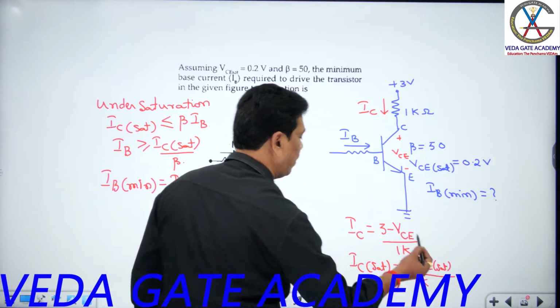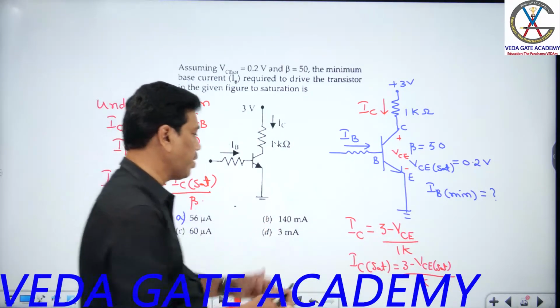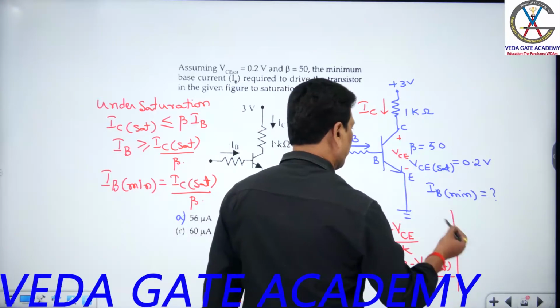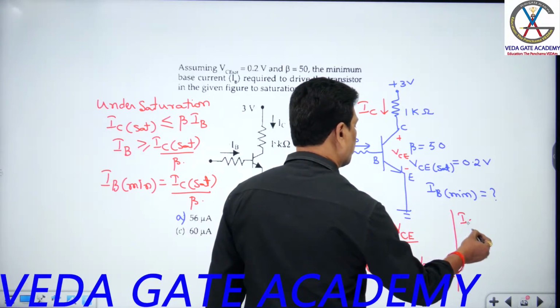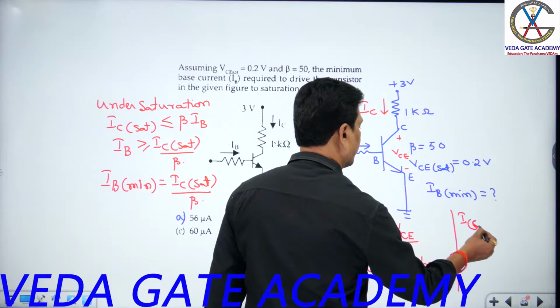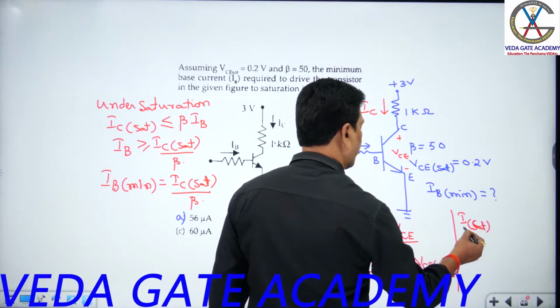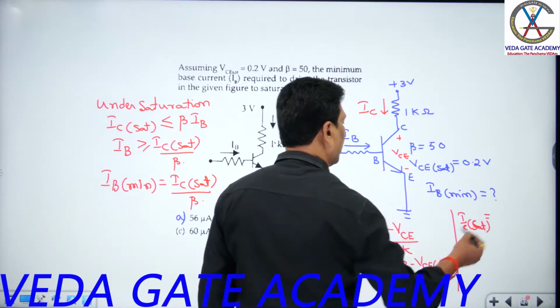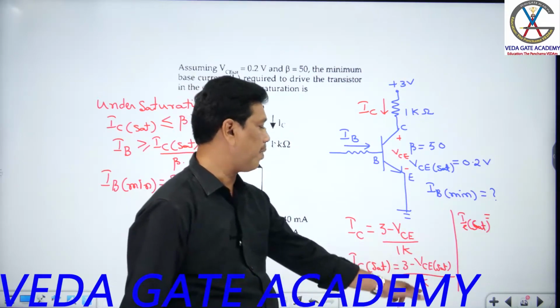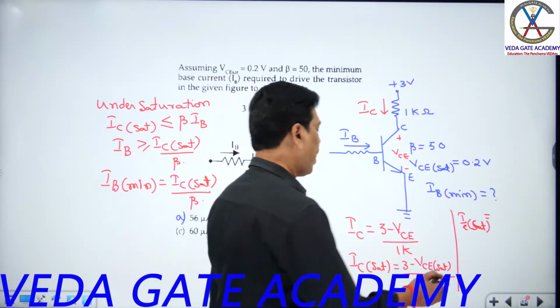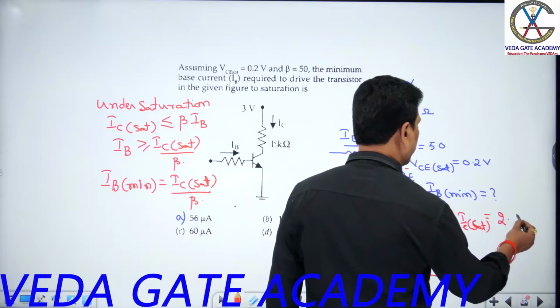VCE saturation is given as 0.2 volt. So IC saturation equals 3 minus 0.2 by 1K, which becomes 2.8 milliampere.